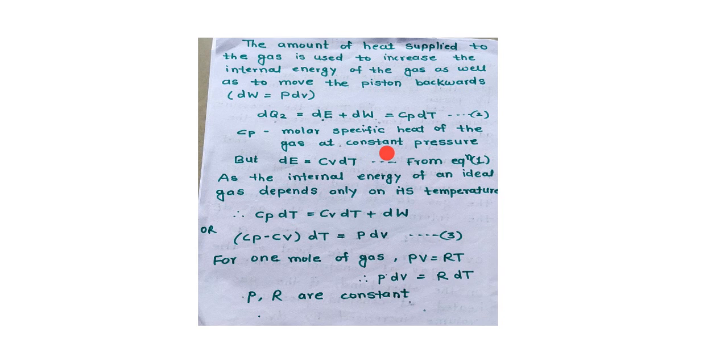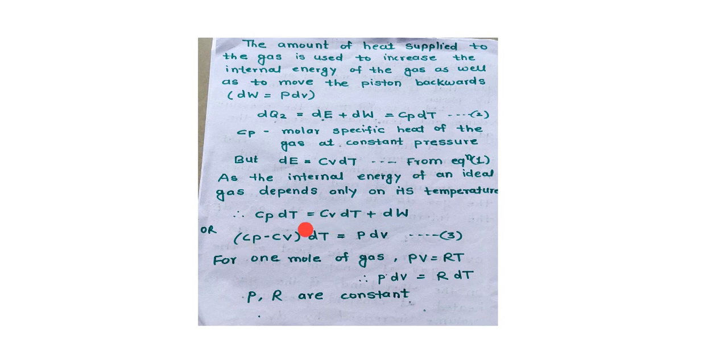But you know that from equation 1 we have dE = Cv dT, as the internal energy of an ideal gas depends only on its temperature. So Cp dT = Cv dT + dW, where dE = Cv dT, and from equation 2 we get this.